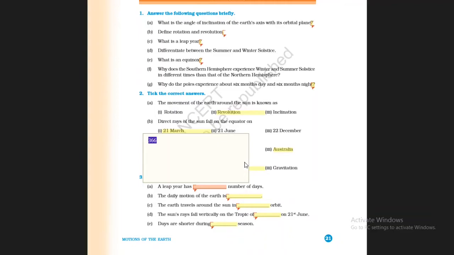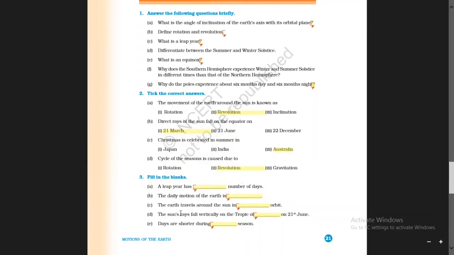You will write here 366. You can write it in number or in spelling also. No matter. Just write 366. That is enough.